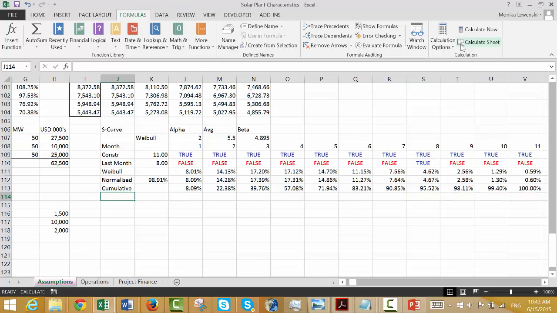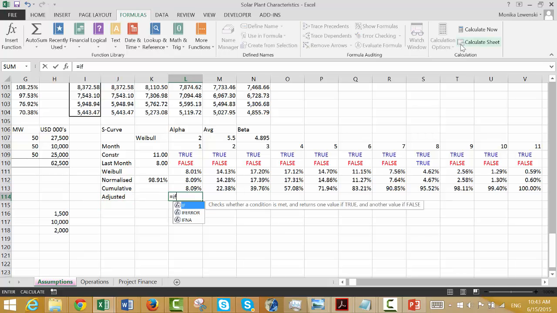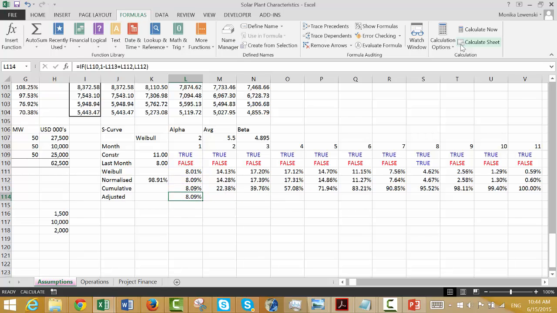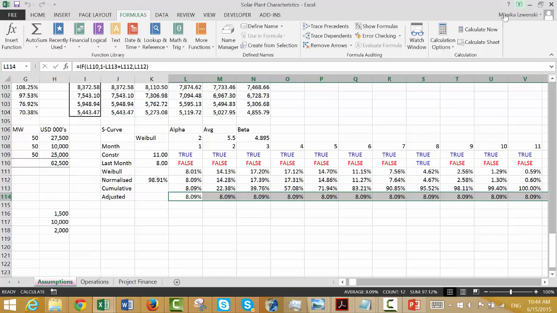So let's put adjusted. If this is true, then we take 1 minus the cumulative amount plus the normalized. Otherwise, we just take the normalized. Okay, and let's calculate the sheet.